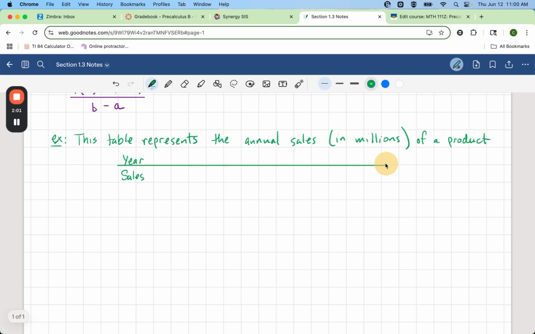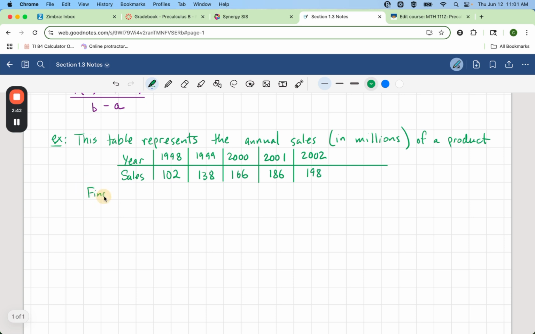My year, we're going to start with 1998, and go on to 1999. We have about 5 years worth of data, so we're going to go up to 2002. For 1998, $102 million in sales. Then we move up to 138 million, 166, 186, and 198. That's fantastic. It goes up every single year.